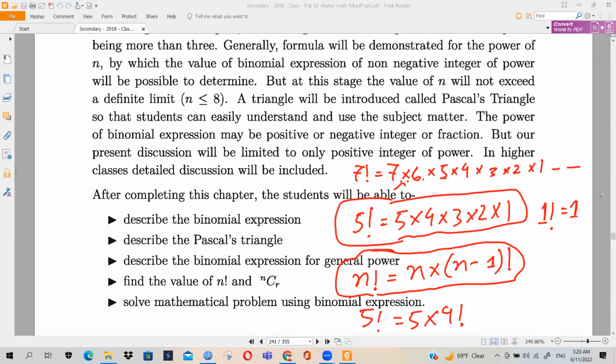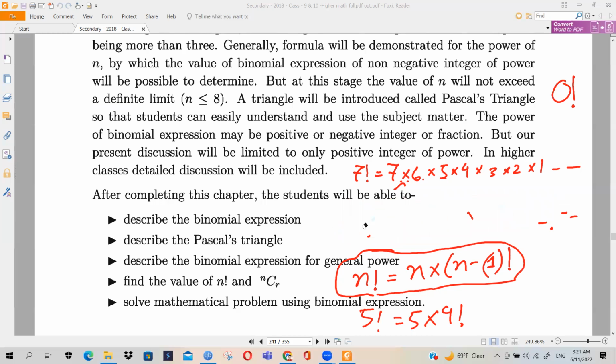What is 0 factorial? How can you get the value for 0 factorial? Let's just say n factorial is n times (n minus 1) factorial. If you substitute 0, you will get minus 1, and you cannot take the factorial of a negative integer. Okay, you are very close to getting the answer.